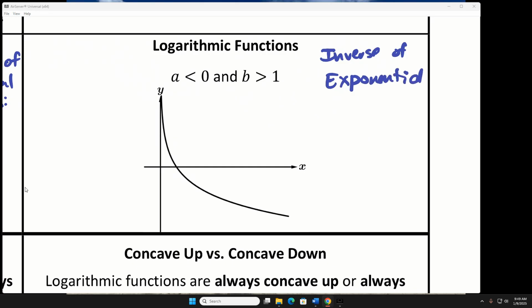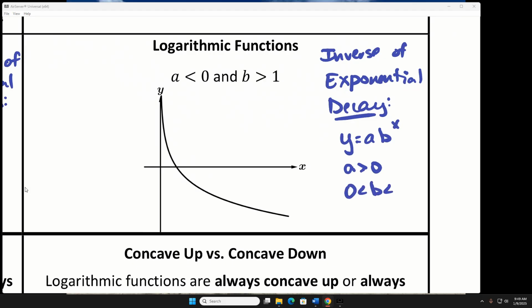Now, some people yesterday, when they were graphing the inverse of exponential decay, got a little mixed up. It's just harder to visualize, I think because the inverses cross each other, and it feels kind of weird. All right, so when we have this generic form of an exponential decay function, a is also going to be greater than 0, but b is going to be between 0 and 1.